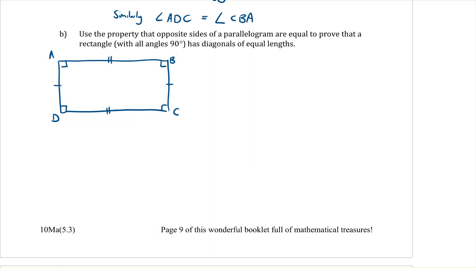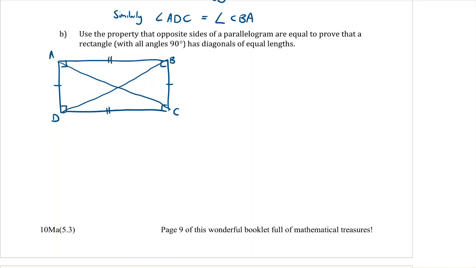And I want to prove that the rectangle has diagonals of equal lengths. So if I were to draw my diagonal A to C, I want to prove that that has the same length as B to D. So what triangles am I going to prove here are congruent?